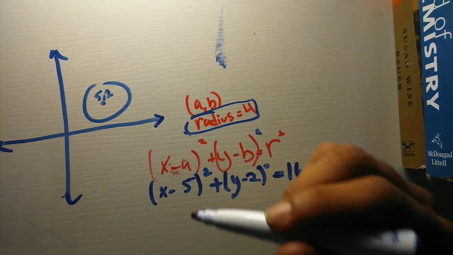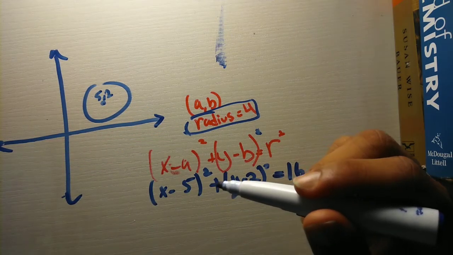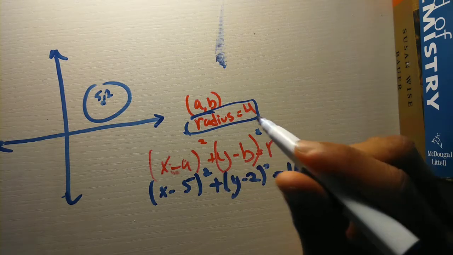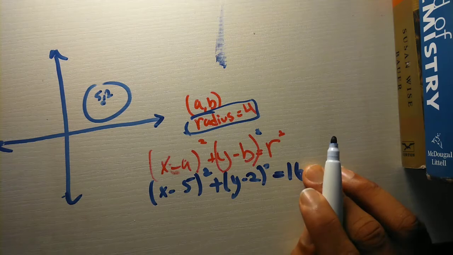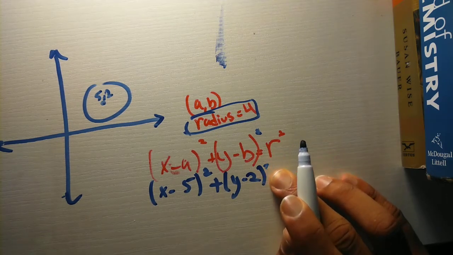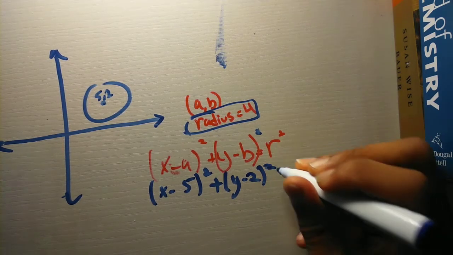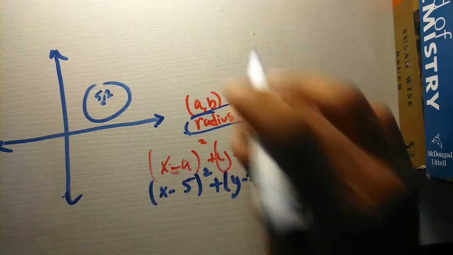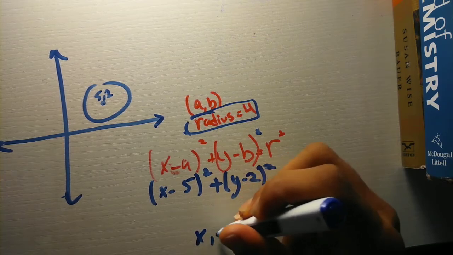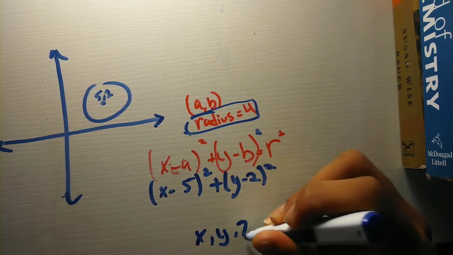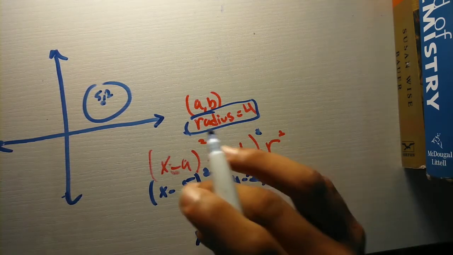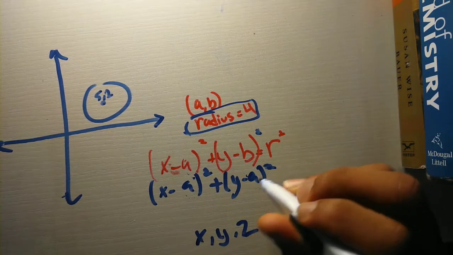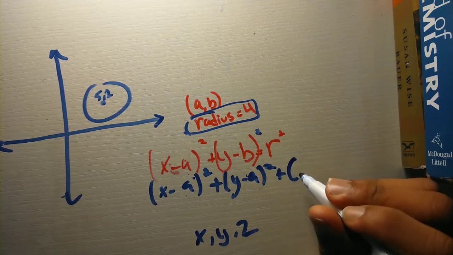Now we can do just about the same thing looking at a sphere, and it looks really similar to a lot of the other things we've done, right? When you look at three-dimensional equations, like the Pythagorean theorem or the distance formula, which we're going to be doing soon, it's usually x, y, z. So in this case, let's just add onto it.